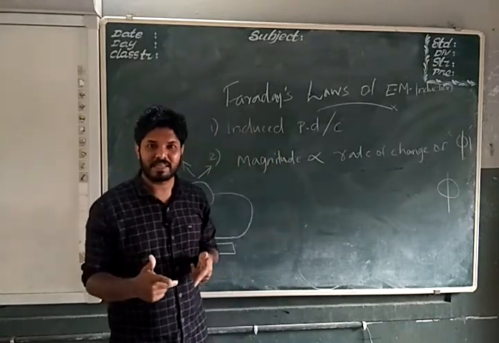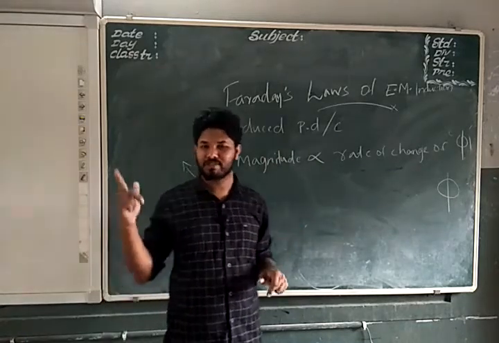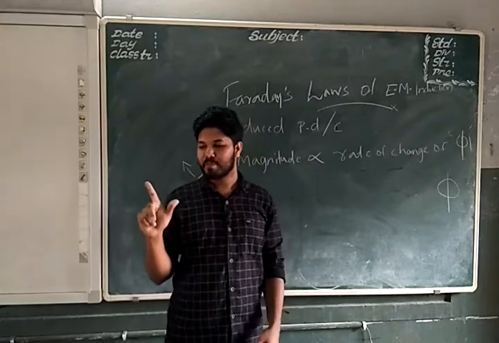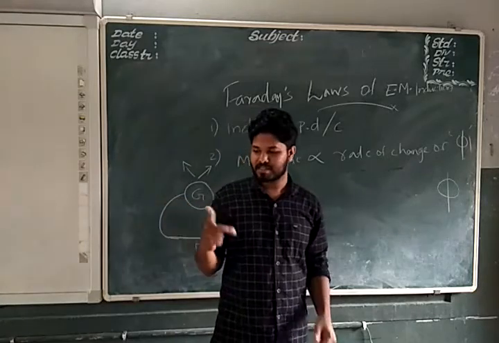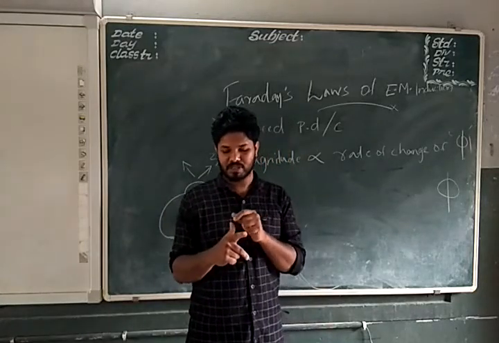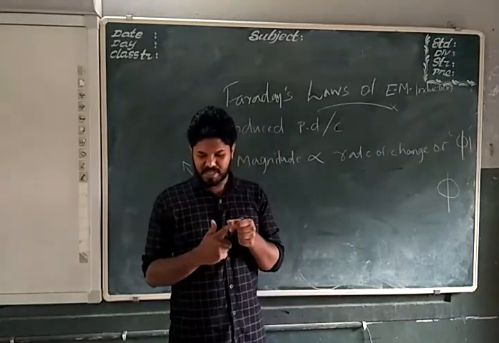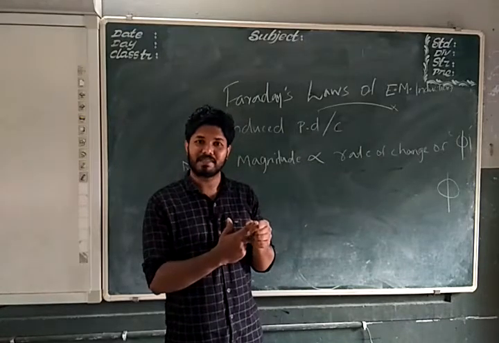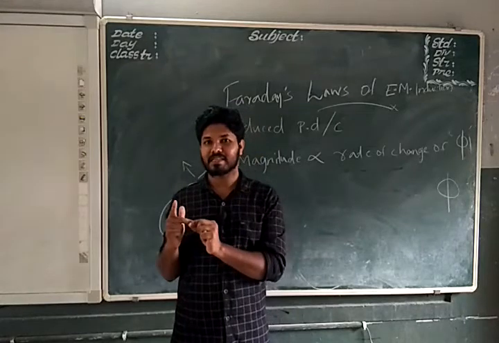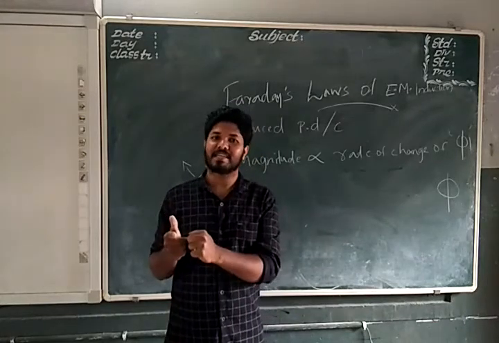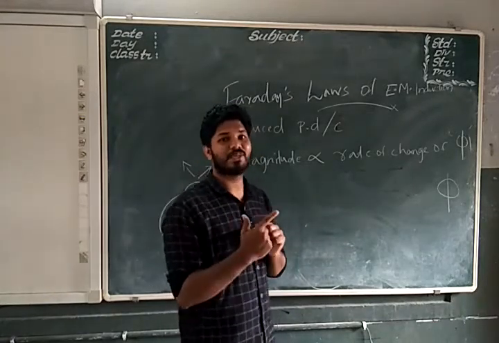Similarly, take your right hand and stretch it such that the thumb, forefinger and middle finger are perpendicular to each other. Then the thumb gives the direction of force, the forefinger gives the direction of magnetic field, and the middle finger gives the direction of induced current, not current, it is induced current.